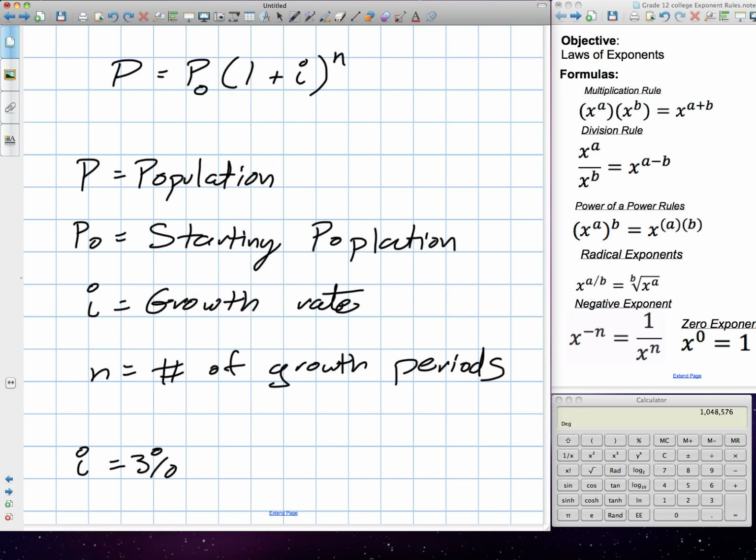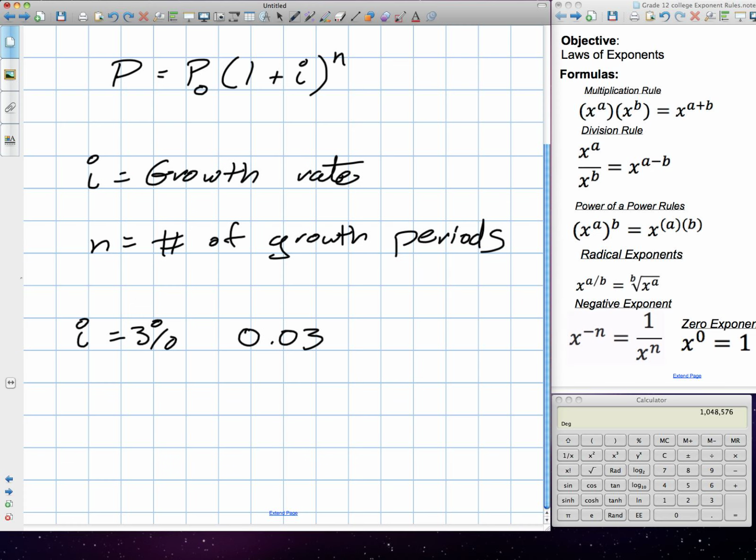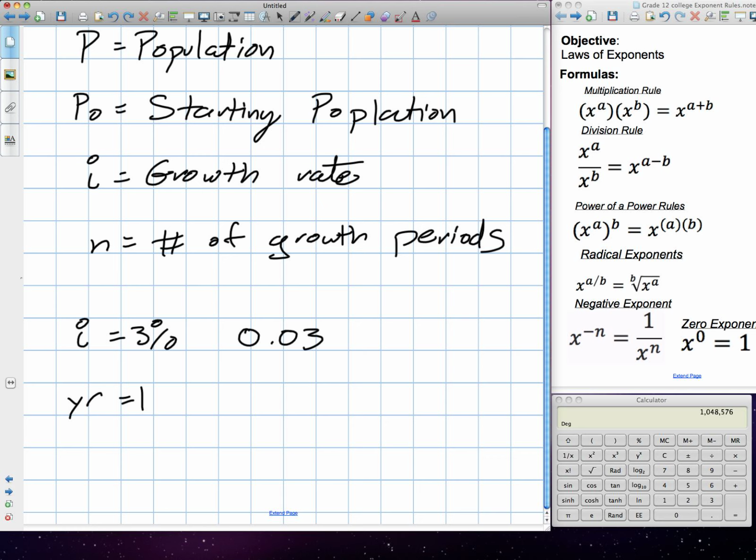It also says that in 1990, so that's going to be our starting year, your population was equal to 110,000. That's going to be our P naught, our starting population. So our P naught in this case is equal to 110,000. Our i was 3%.